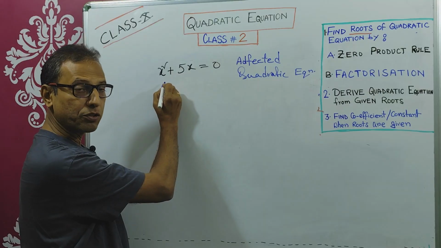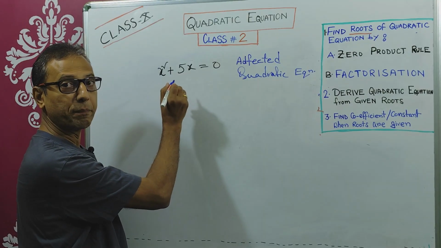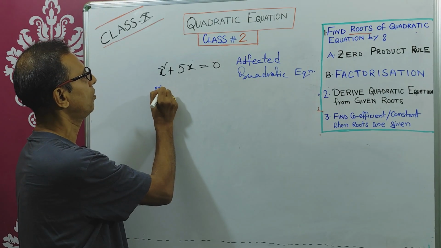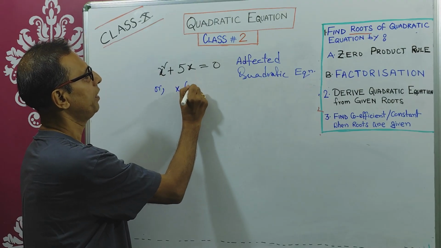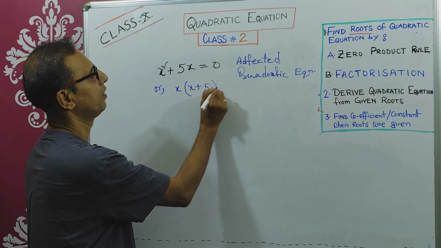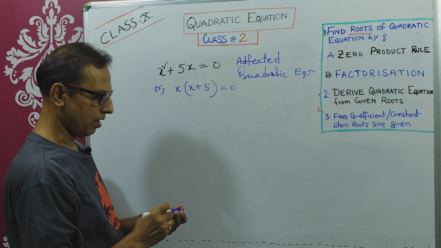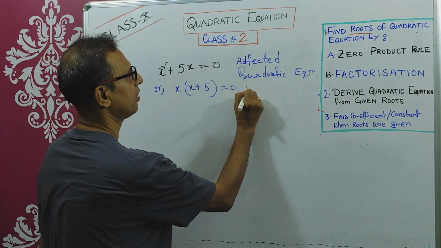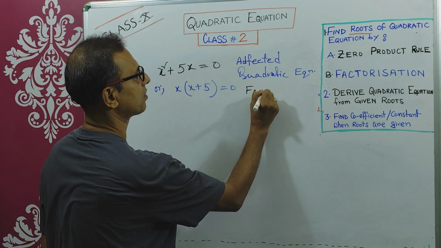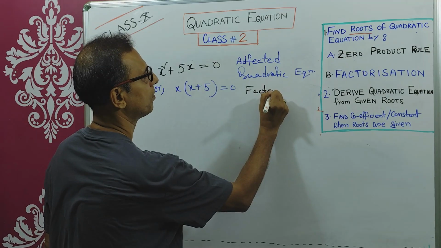Now you need to represent it as a multiplication of two factors. So you take x common, x into x plus 5 equals to 0. Now you have done the factorization. This is multiplication of factors, so factorization.